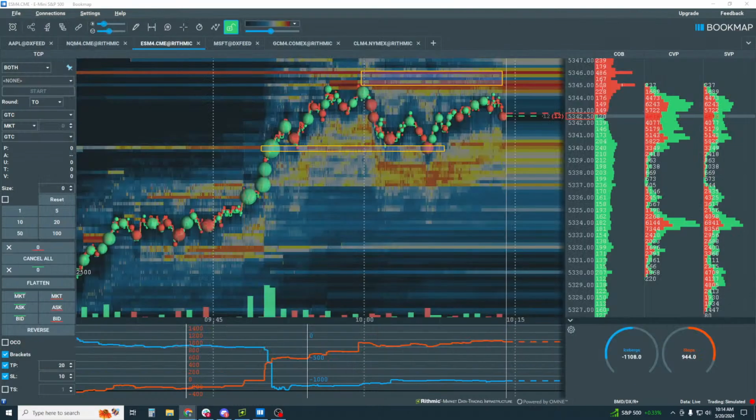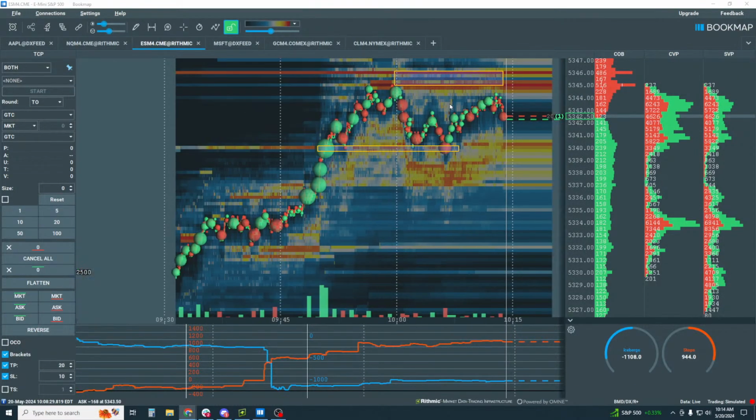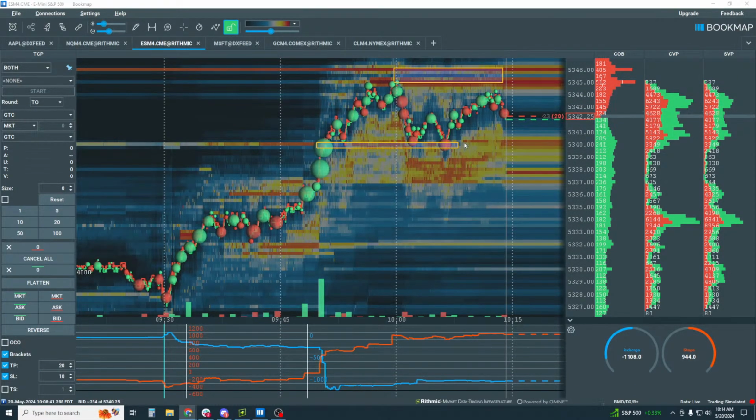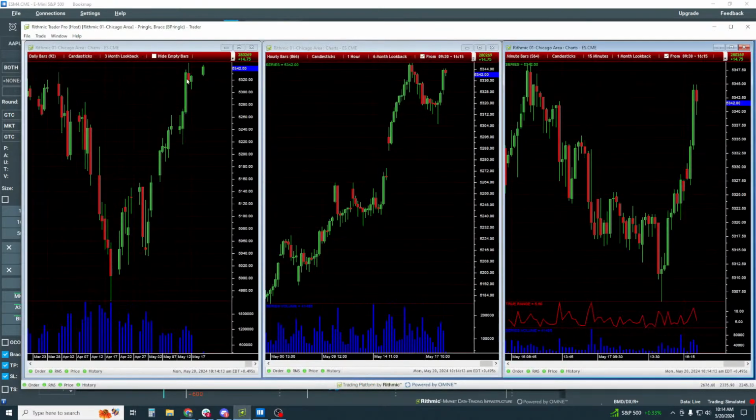So we just went through the fundamentals, and now let's go through the higher time frame stuff. Daily chart here on the left with the S&P E-mini, and you can see we're off to a good start. You see the buying coming in, up into this 46.50 high, the swing high from Thursday the 16th.